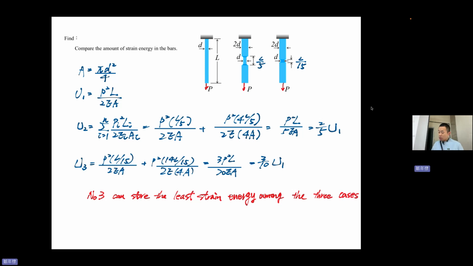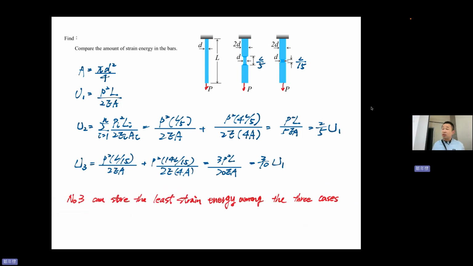Okay, so you can imagine that that one is the least material can store the energy. Well, it makes sense because it is stronger, right? It's more difficult to make it deform.